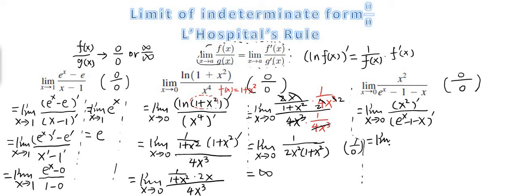For the numerator, we use the power rule, 2x. For the denominator, we have 3 terms, so the derivative of the first term is itself, the second term is 0, and the derivative of x in the third term is 1. We can simplify.